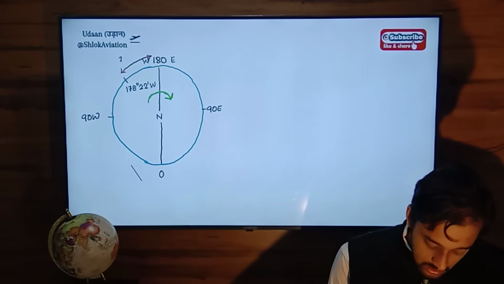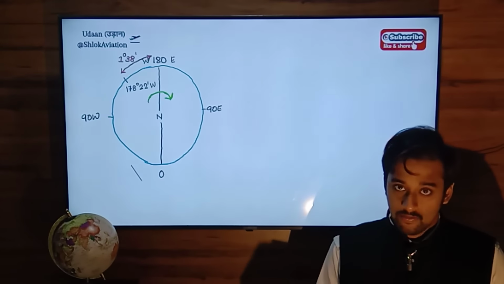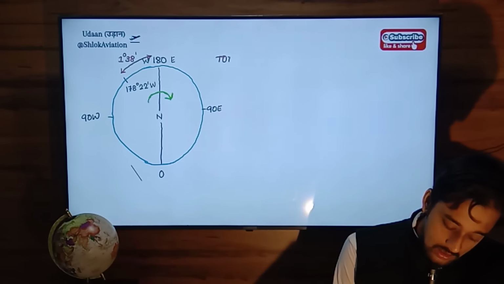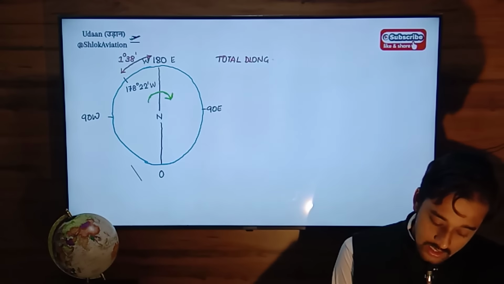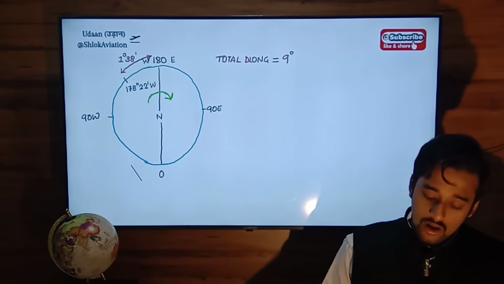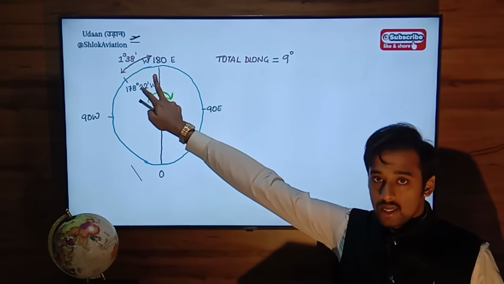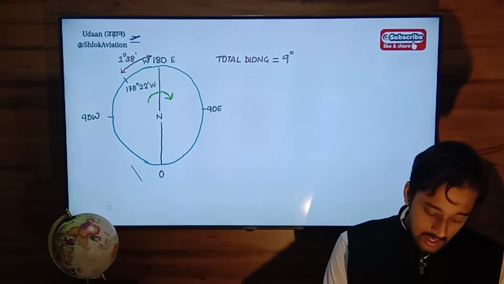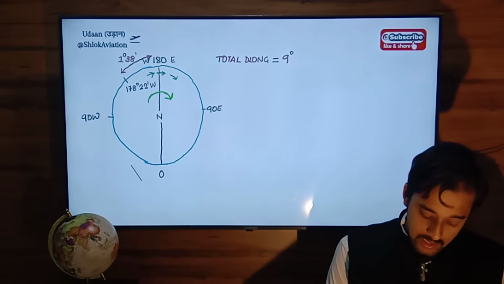The total D long is 9 degrees. Out of this 9 degrees, 1 degree 38 minutes is in the western hemisphere. The aircraft will cross the 180 degree meridian and enter the eastern hemisphere.